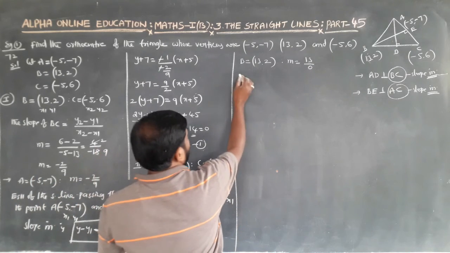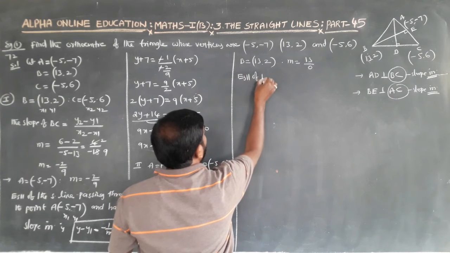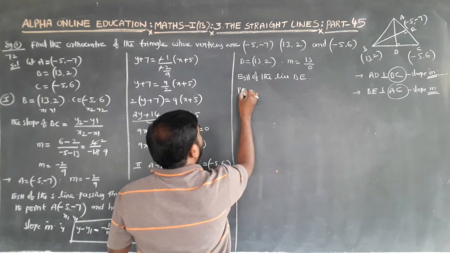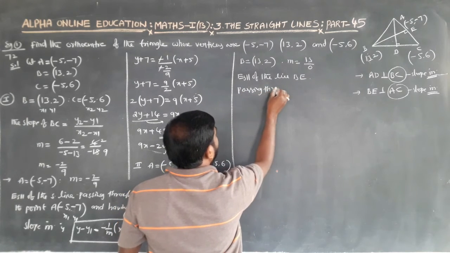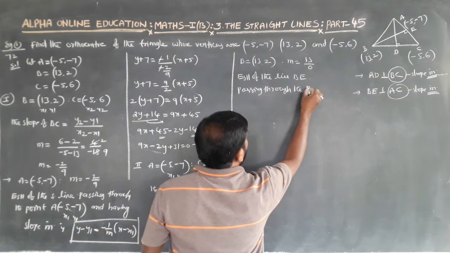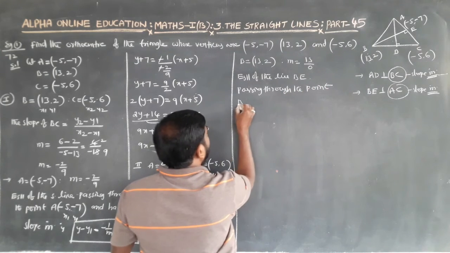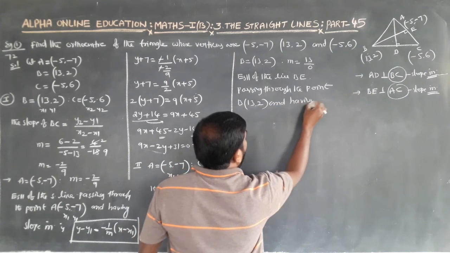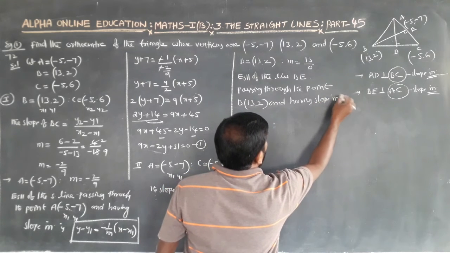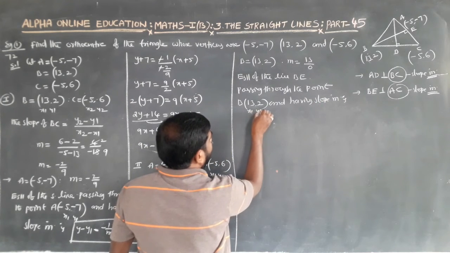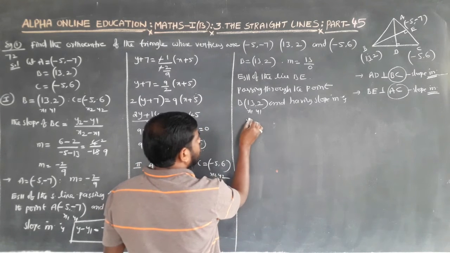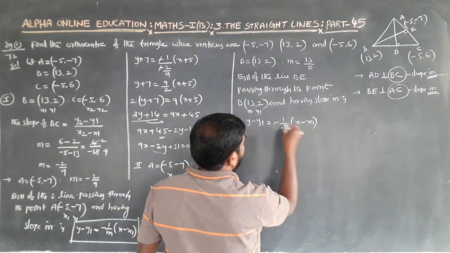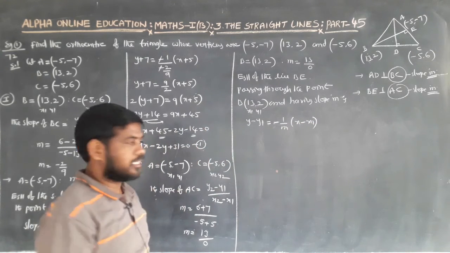The equation of the line BE passing through the point B (13, 2) and perpendicular to a line of slope m is y minus y1 equal to minus 1 by m into (x minus x1).